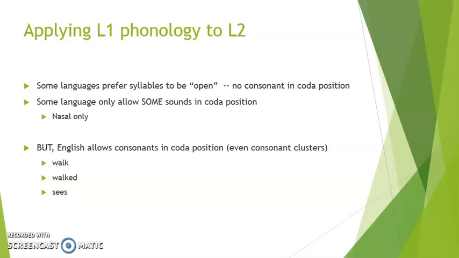But if the sentence is she sees, with a z sound at the end, that is in violation of this pattern of open syllables. There's a consonant that's not a nasal there. So we might predict that some speakers might have more trouble allowing that consonant to show up in coda position.